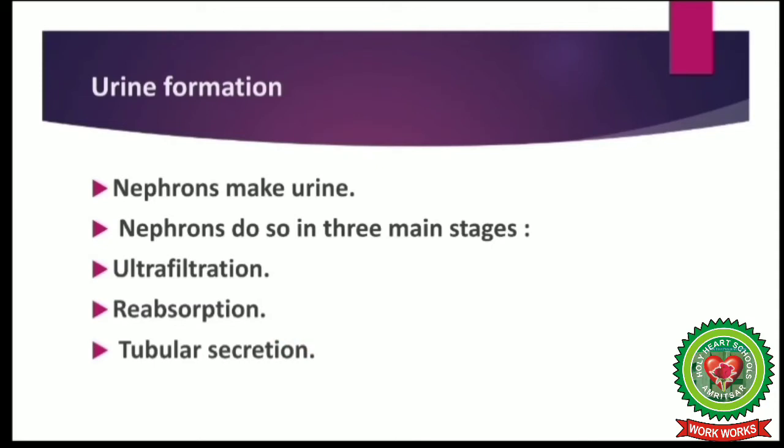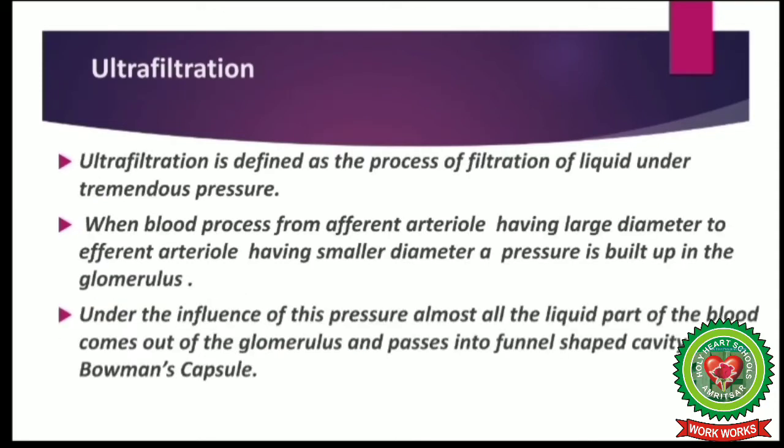So first of all, we are going to discuss ultrafiltration. Ultrafiltration is defined as a process of filtration of liquid under tremendous pressure. When blood passes from afferent arteriole having large diameter to efferent arteriole having smaller diameter, a pressure is built up in the glomerulus.